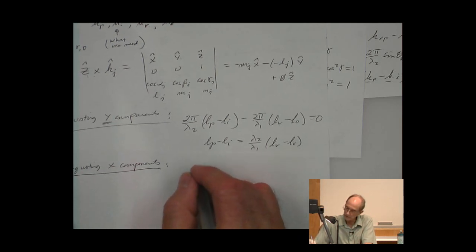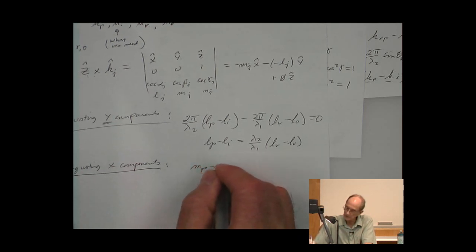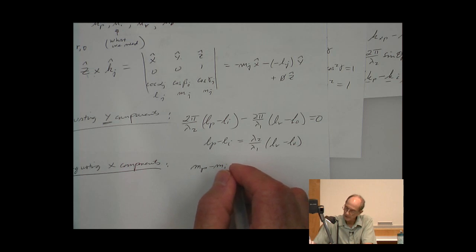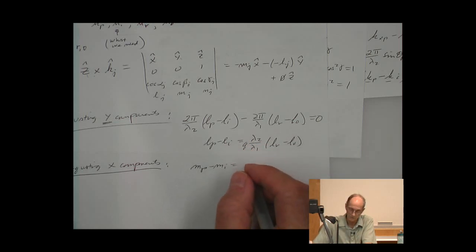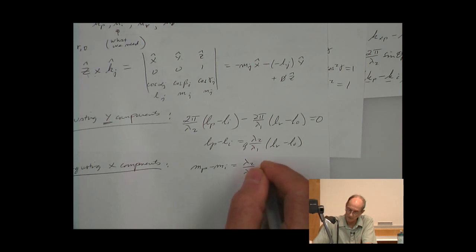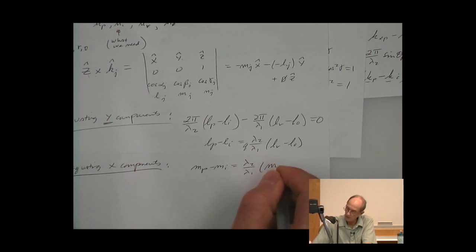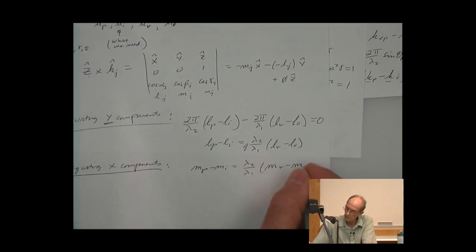So here we get mp minus mi, kind of the same thing, equals, and if we wanted to carry the q, we would have the q in here as well, just in case you're wondering where that went. Lambda 2 over lambda 1 times mr minus mo.